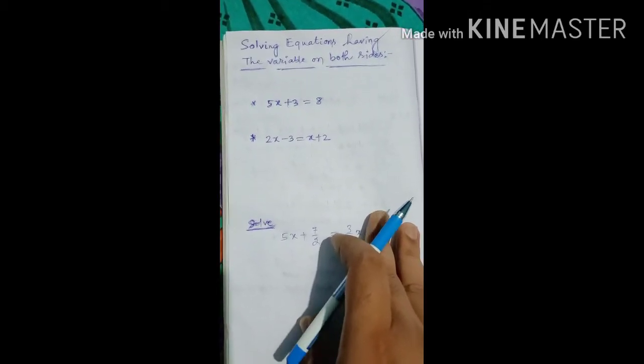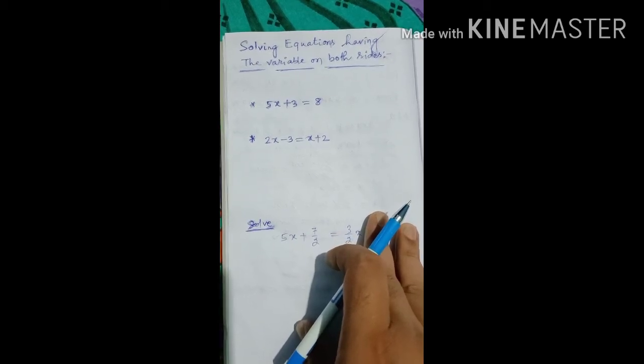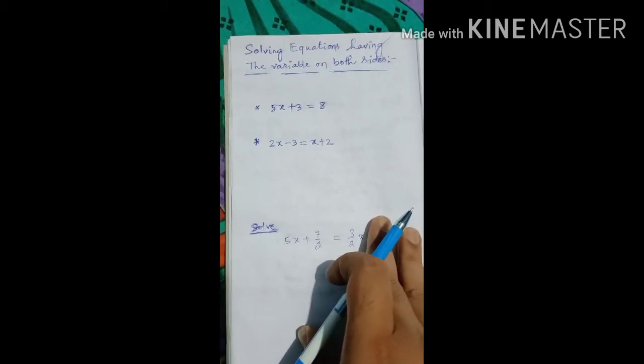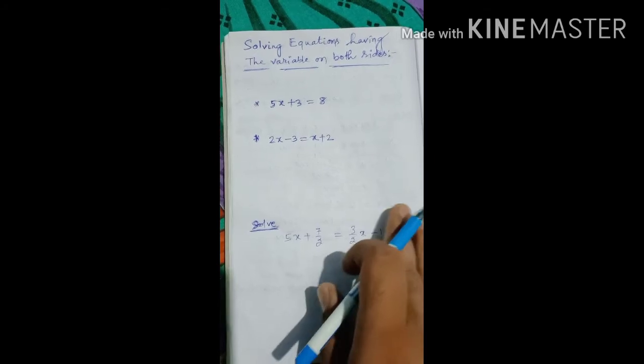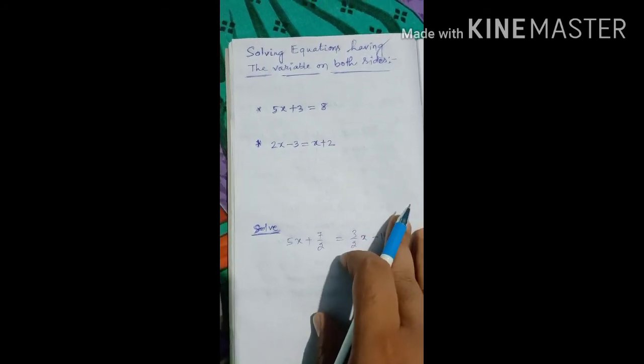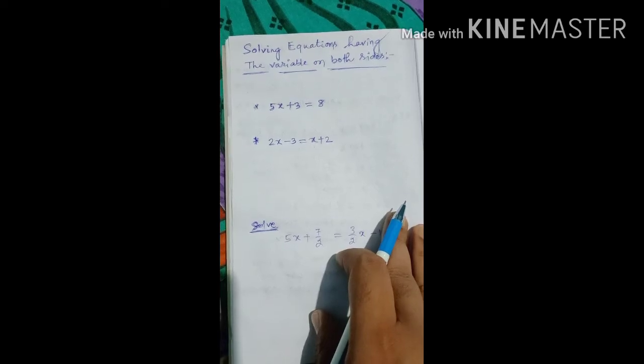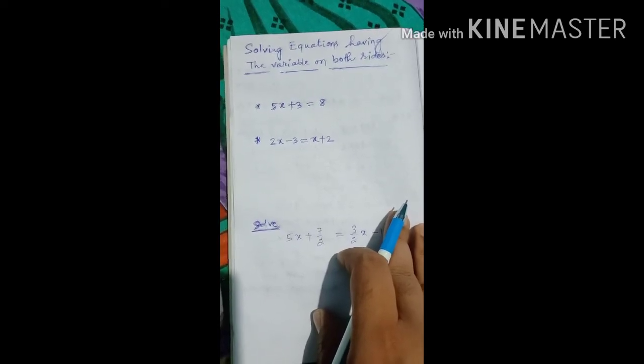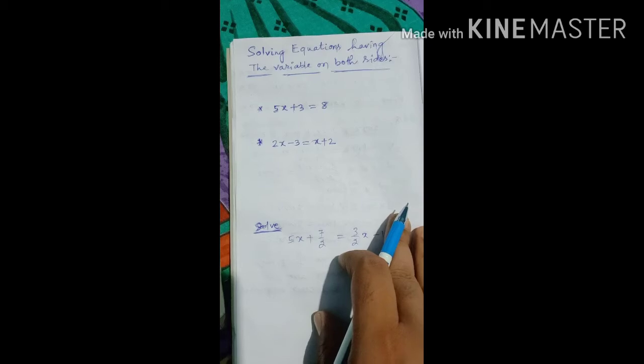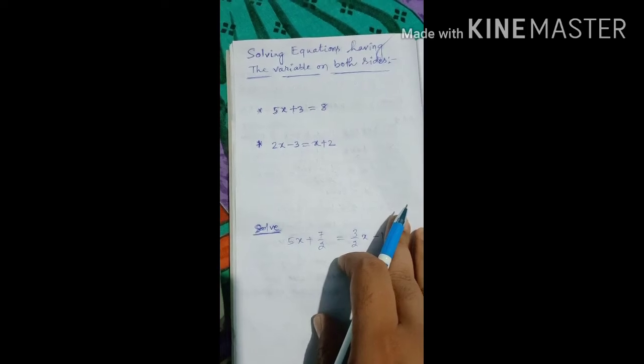Are you fine? Good. So, in our previous classes, we have discussed so many examples with word problems where we have learned how to find the solution of a linear equation with the variable on only one side and numbers on the other.